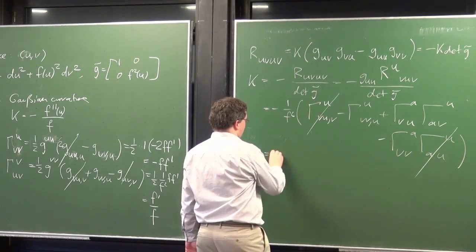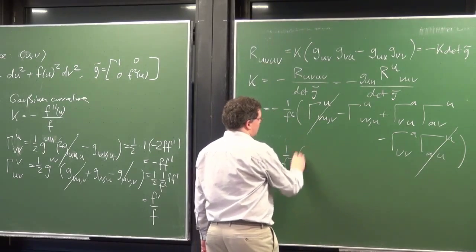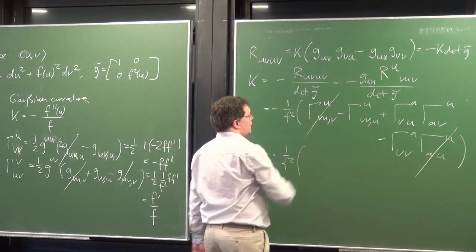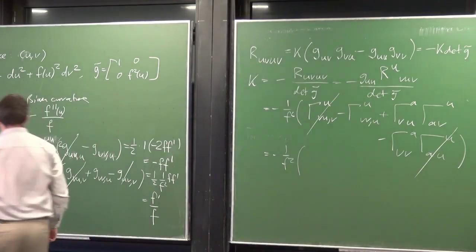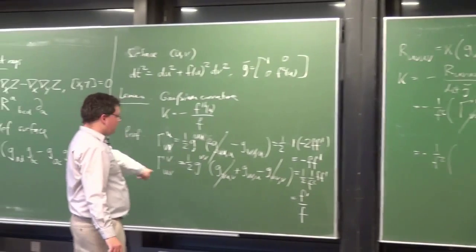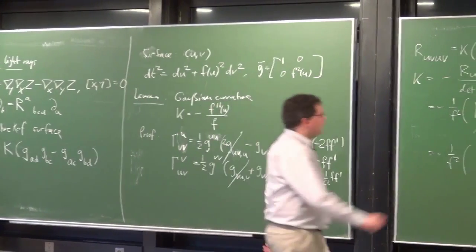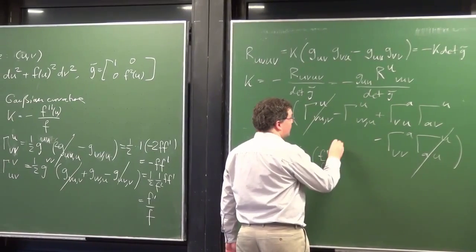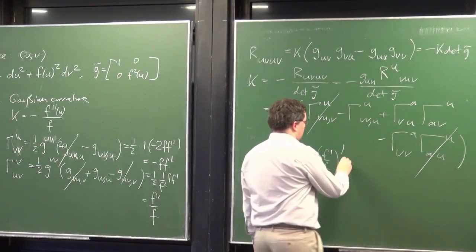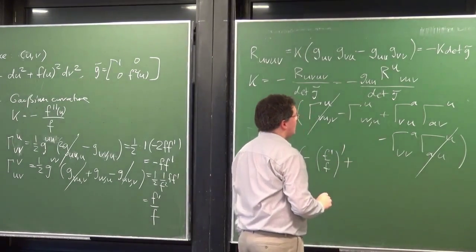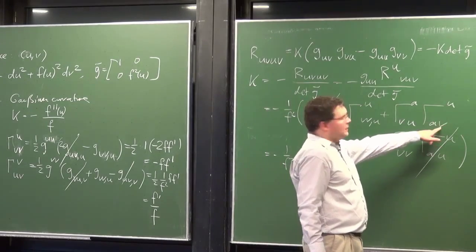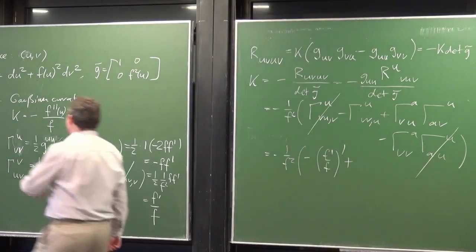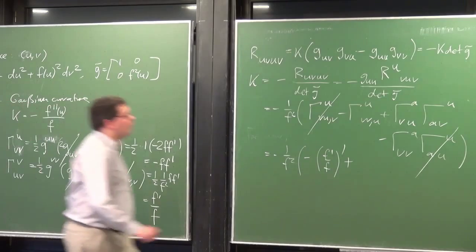So we're left with minus 1 over f squared into, well, gamma^U_UV is f primed over f. So that's minus f primed over f primed plus, okay, what about this? We have a U upstairs, V downstairs. The only connection component that survives will be the VV component, right?